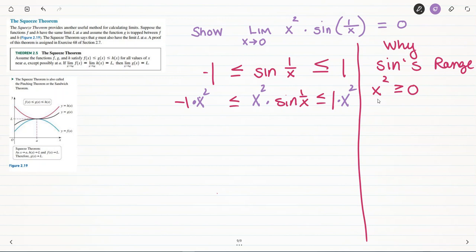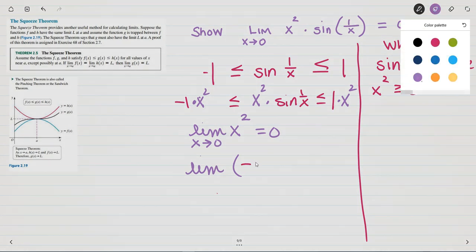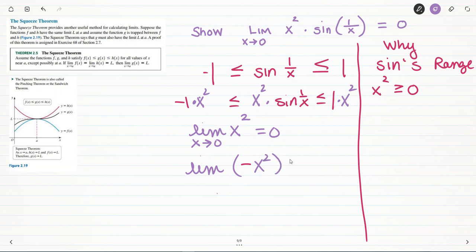And then what I can do next is, what do we know about the limit of x squared as x approaches 0? I know that the limit of x squared as x approaches 0 is 0. And what do I know about the limit of the opposite of x squared as x is approaching 0?